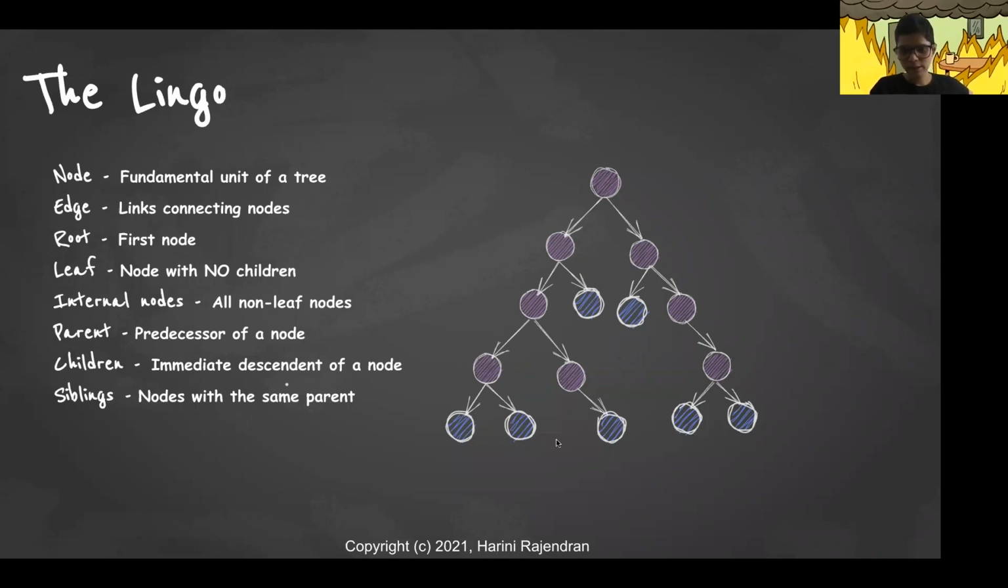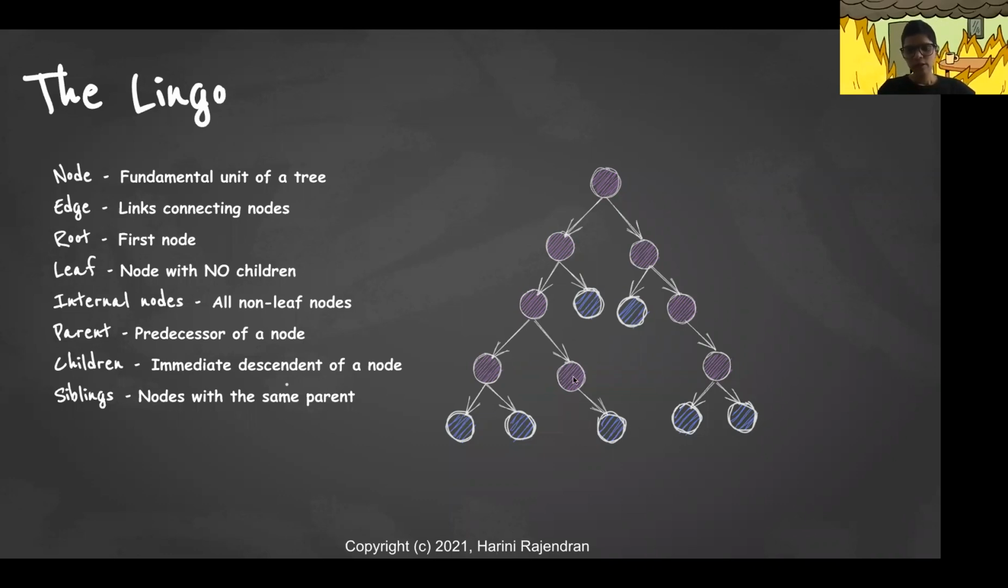So these leaf nodes are present at the lowermost level. There are some leaf nodes which are on the top, but then they again don't have any children. So if you find any node in a tree without any children, they are called the leaf nodes. In this tree, I've marked all of them in blue color.